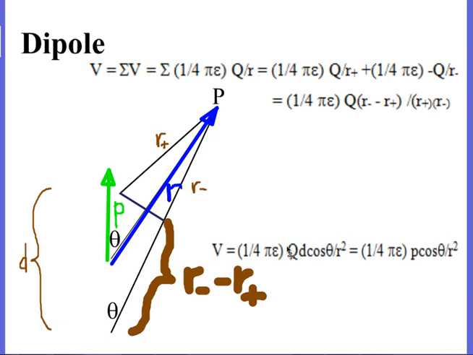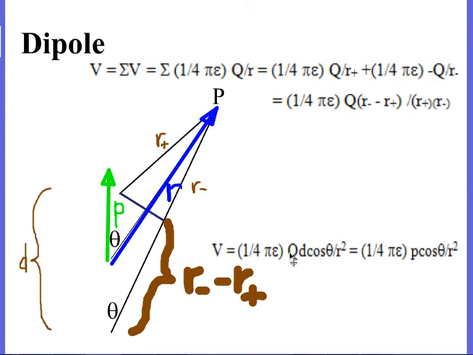And here it is, that the potential would be 1 over 4 pi epsilon times the charge of the dipole, and for r minus minus r plus I put in the distance cos theta, and for r minus times r plus I put in r squared, and there you have an expression for the potential for a dipole when you are a distance r away from the dipole.